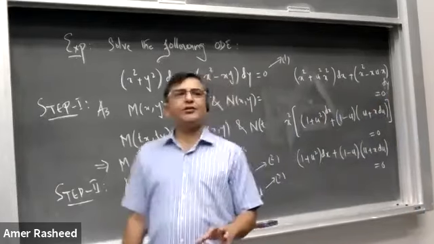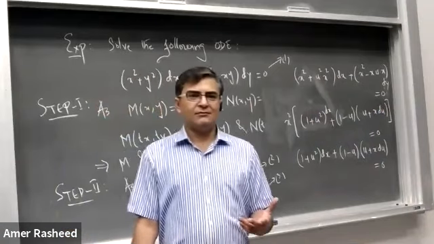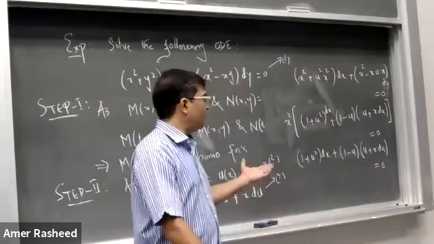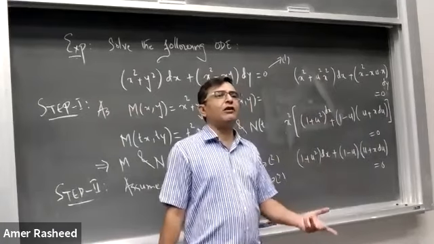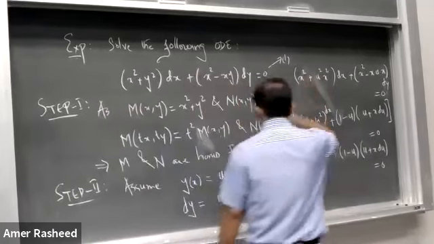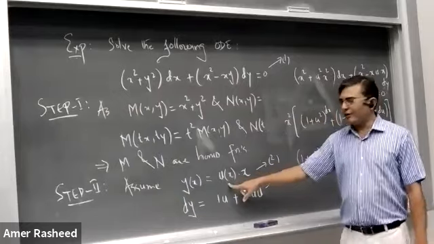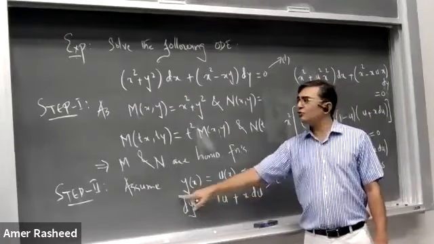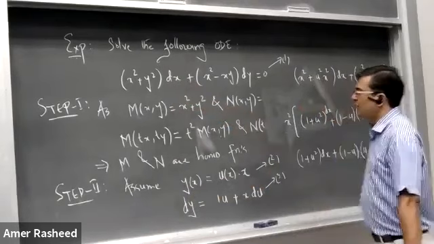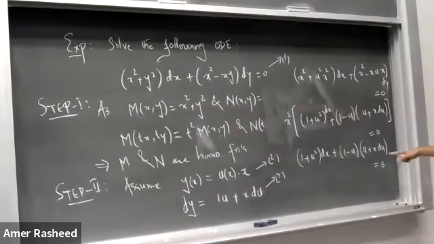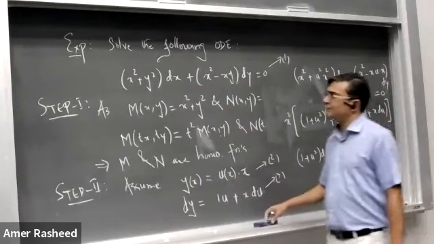Once you solve it, you'll get u of x. If you get u of x, then by inserting back u of x here, you get y of x, which is the solution of the original given differential equation. Now let's try to solve this differential equation. This is again a first order differential equation.